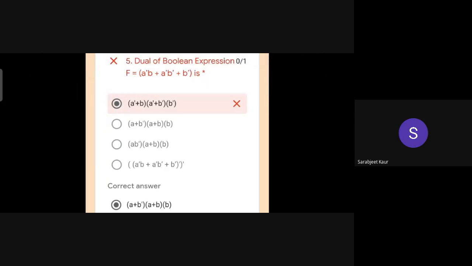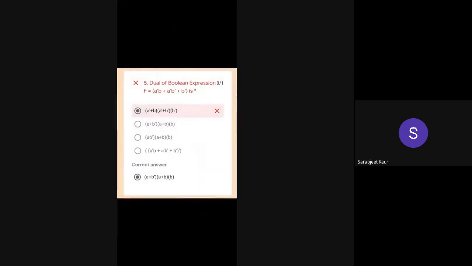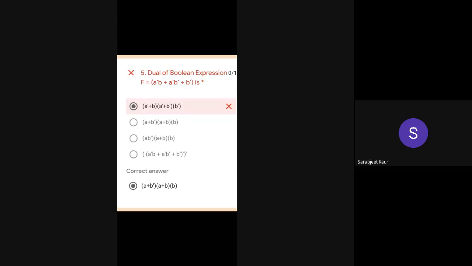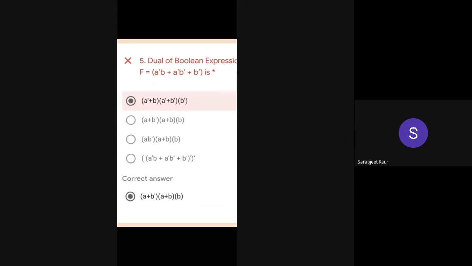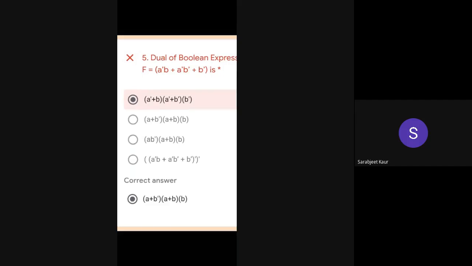Okay, and that's it. Whereas when we need to take the complement, for example, using De Morgan's law on a Boolean expression, the first step is to find the dual, and in the next step, we also complement each variable.